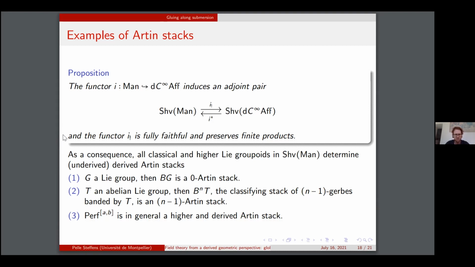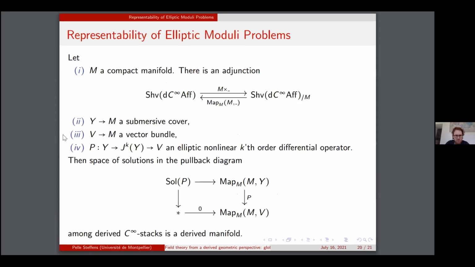But the representability theorems that I will mention again later actually produce some of these things. So now we come back to this representability theorem. And now I hope that all the players in this diagram make sense.